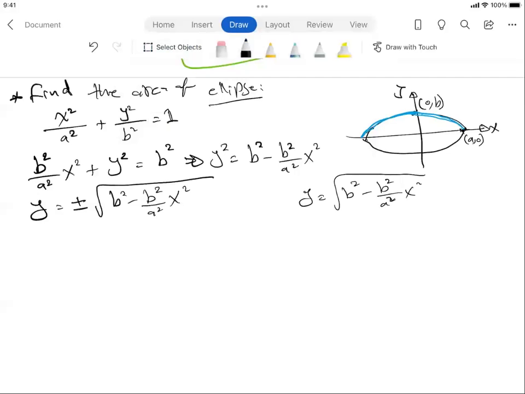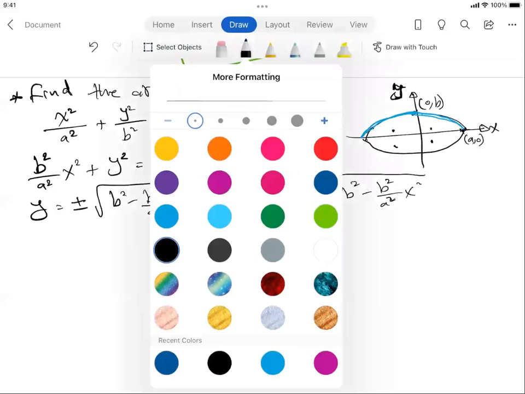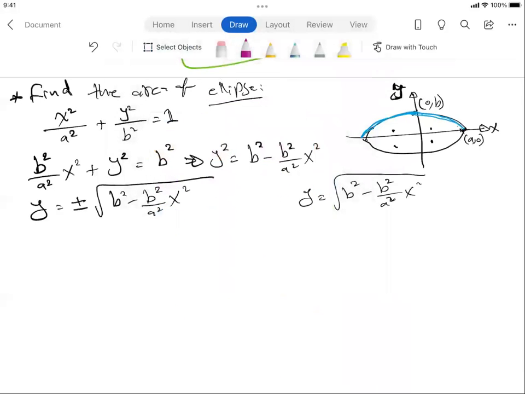It's important to note that, even though my drawing for the ellipse is not to scale, we know that there are 4 quadrants, and all of these are symmetric. So all I need to do is to consider the integral over 1 quadrant and multiply that result by 4.